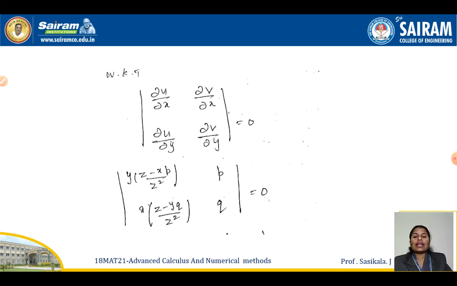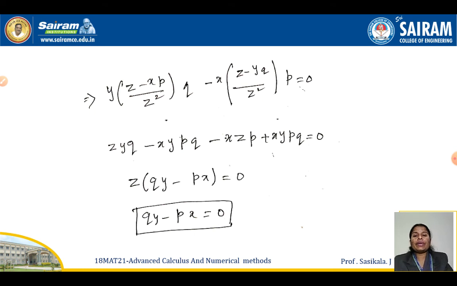That's all. Directly substitute into the equation, then cross multiply and go with the simplification. Take z square as common and the right side will get cancelled. Then you have yzq, minus xypq, minus xzp plus xypq, equal to 0.